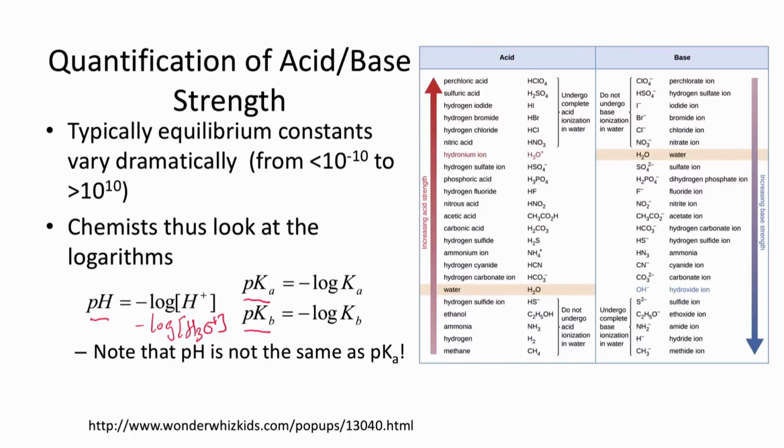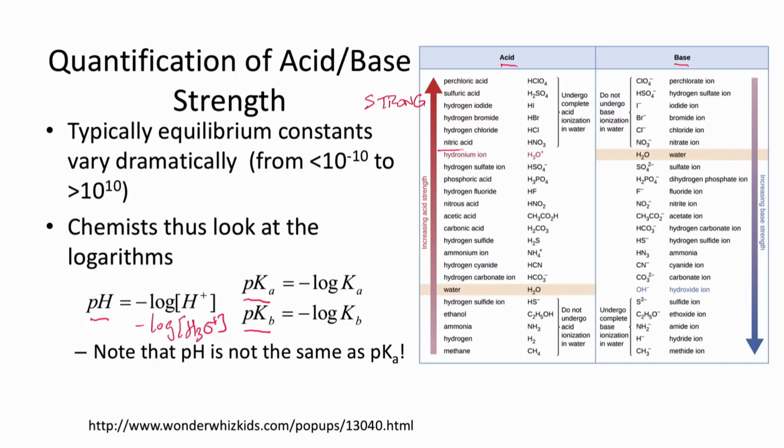What I want to show you in this table is the relationship between the strength of an acid and the strength of the conjugate base. At the top of the list are very, very strong acids. These are things that dissociate nearly 100%, like perchloric acid, sulfuric acid, mineral acids, HI, HBr, HCl, and nitric acid.